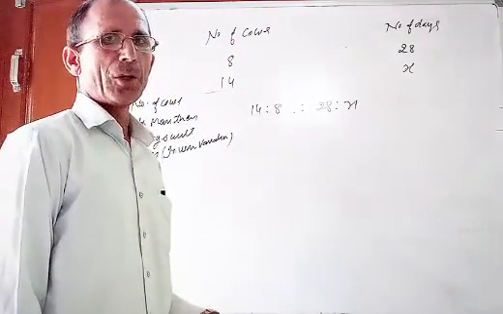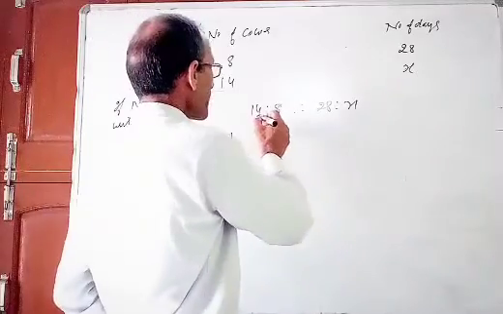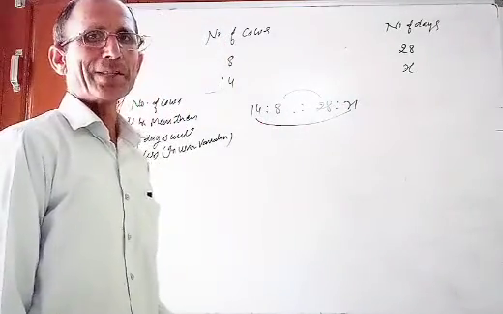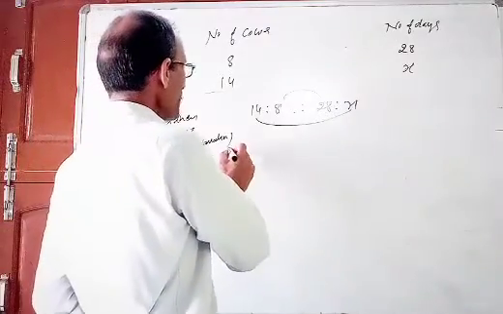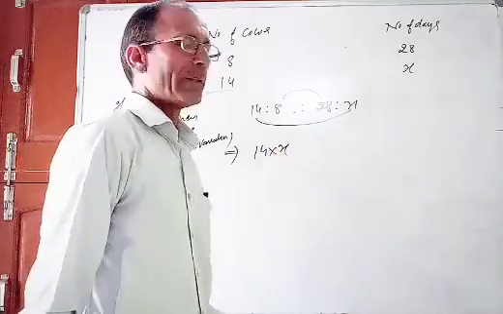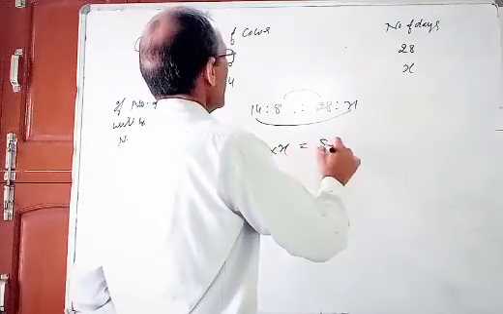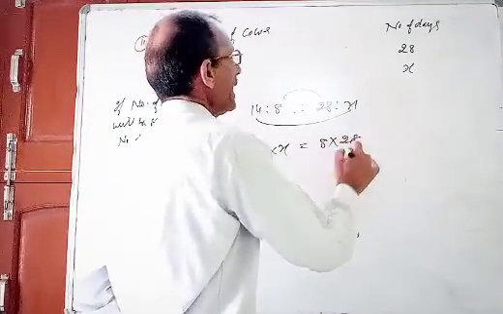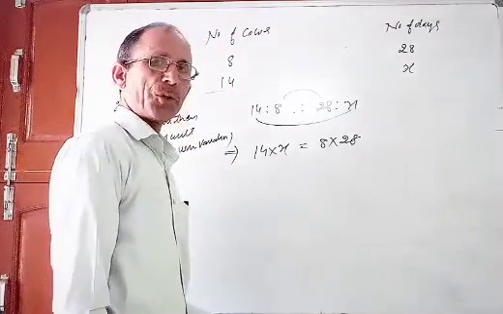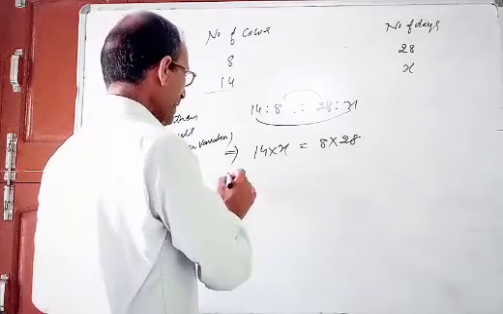The rule you already know: the product of extreme terms is equal to the product of mean terms. So 14 multiplied by x is equal to 8 multiplied by 28.